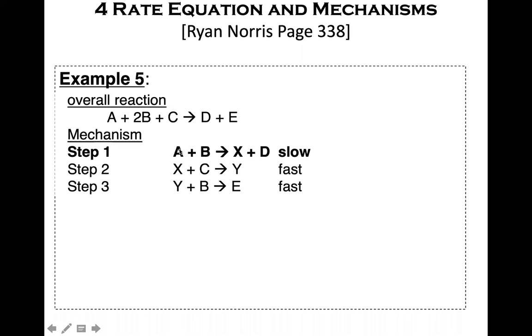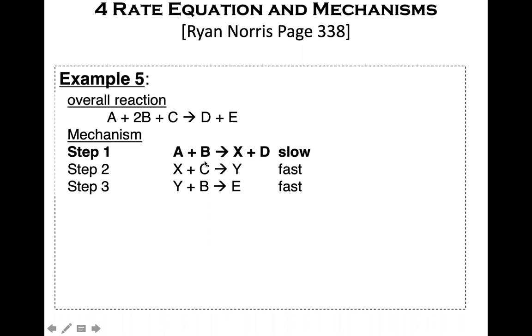Step 1, A reacts with B to form an intermediate X plus D. Now you notice that this X does not appear in your equation. This is why we call it an intermediate. Anything that does not appear in the overall equation is an intermediate, because the intermediate will be used up in the next stage. And step 1 is the slow step, so that is the rate determining step.